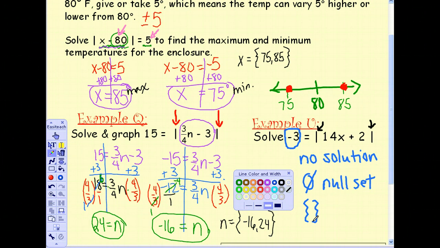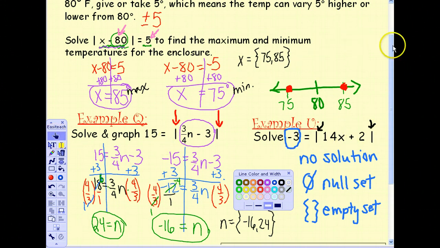There's nothing in it. So we call that empty set. So these are the different ways of writing no solution, or saying that there's no number you could put in here for x that would make this a true sentence, because absolute value can never be a negative.